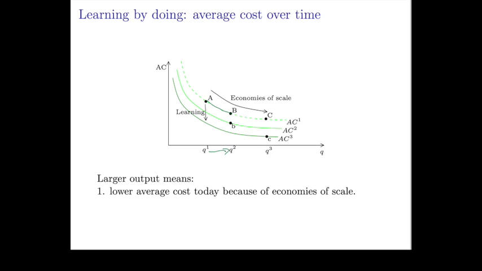So by learning, you're dropping your average cost curve from AC1 to AC2. So instead of going to B, you would go to little b. And as you go to Q3, instead of going to C, you would drop your average cost even more. So you're lowering your average cost tomorrow because you're learning more by producing more today. So your average cost curve over the long run would look more like this. So it would decrease more as you produce more.